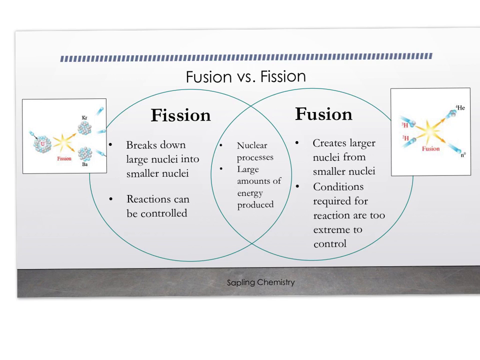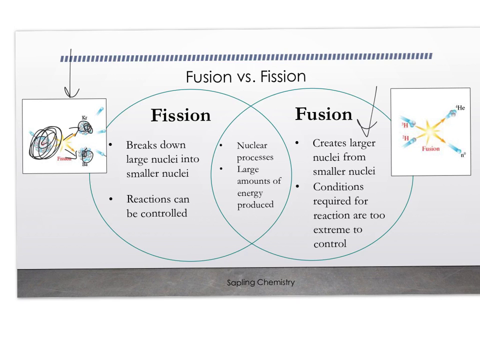Okay, and the last objective of this unit is to compare fusion versus fission reactions. By definition, fission breaks down large nuclei into smaller nuclei. So if you look at this example here, you have uranium. It's one large nucleus, and it's going to break up into 2 or more smaller nuclei. So fission is breaking apart.